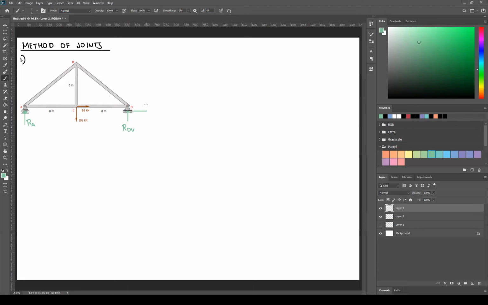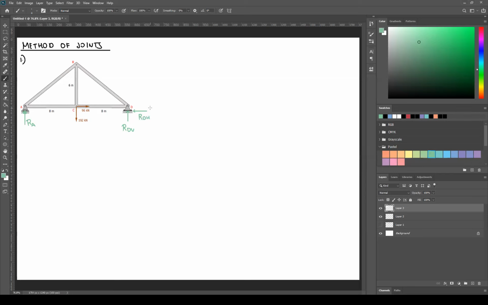And then we have a parallel reaction. I'm gonna assume it's to the left simply because I have an external force here to the right. Remember, our structures are in equilibrium. So to cancel out this external right force, I need an internal reaction to the left. And then I'll call that RDH.